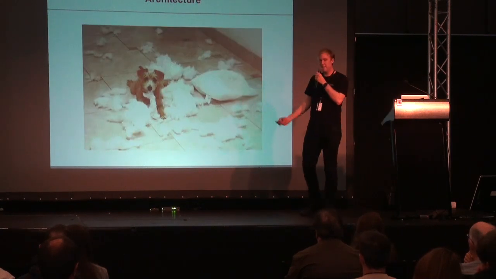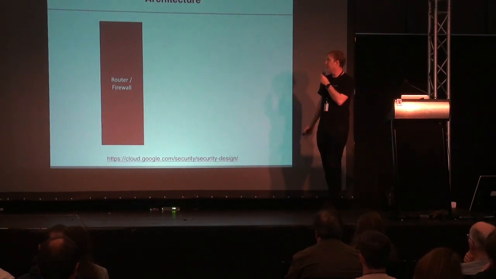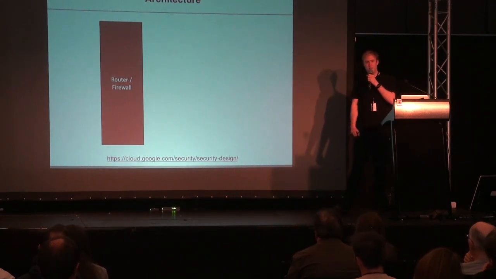That's a little bit messy. So I ended up reading the Google Cloud Security Guide, and that has a great concept of every server should be able to withstand attacks, even if every other server in the environment is compromised. So that led me to an architecture as follows.